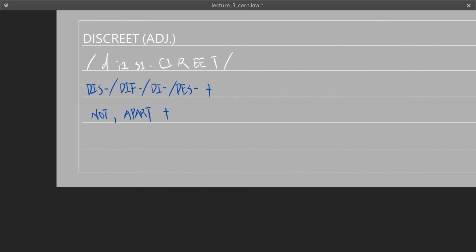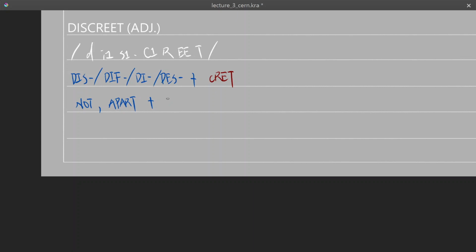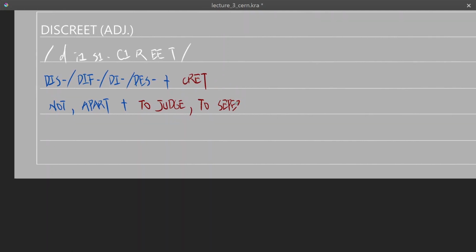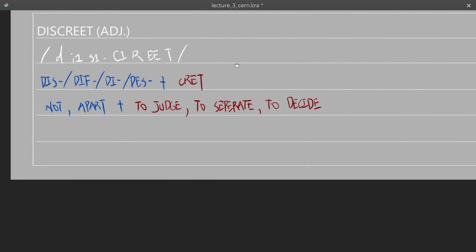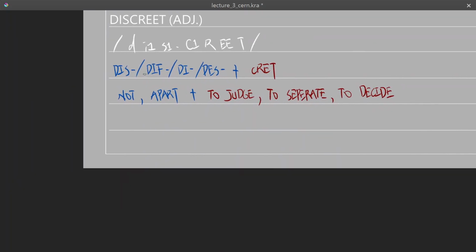And we have the root cret, meaning to judge, to separate, to decide. Good. So discrete literally means what?